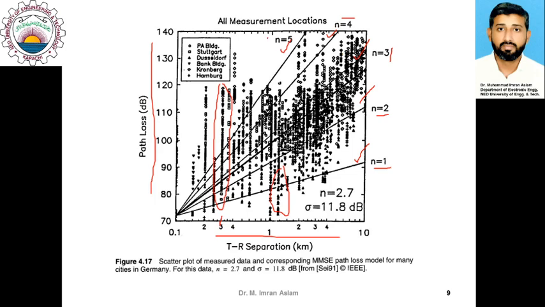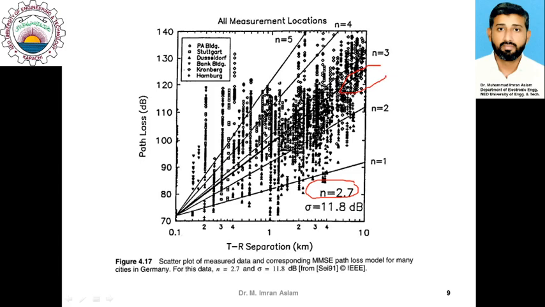If for all the measurements that are represented in this figure we calculate the overall value of the path loss index, we see that it comes out to be n equal to 2.7, which is illustrated by this thick line here.